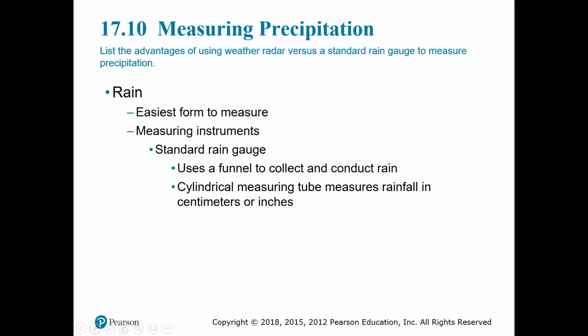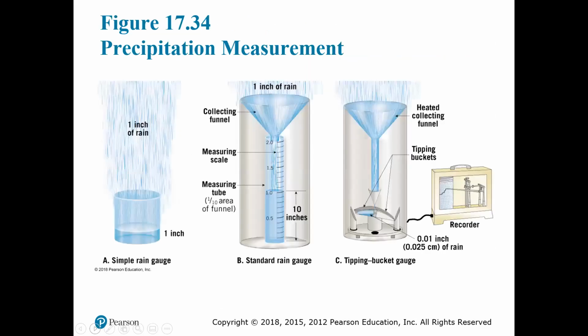So how do we measure precipitation? Well, rain is the easiest form to measure, and we have some different types of rain gauges. We have the simple rain gauge that we can just set out, a cup that's got an inch in diameter, or we can have this standard rain gauge that has a funnel that collects in 1 inch of rain, and then the measuring tube basically allows us to get this ratio that sets up to determine how much rain we get.